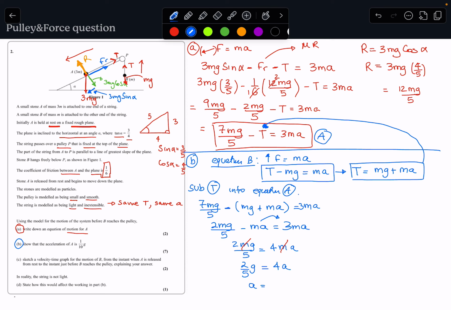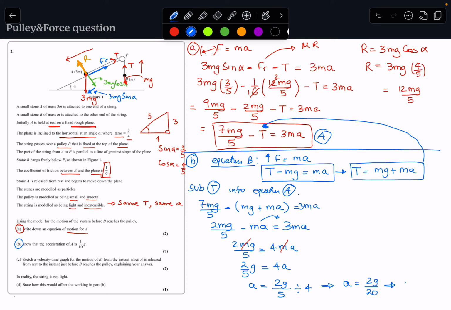So my a is calculated by taking the 4 to the other side. That gives me 2g over 5 divided by 4, and therefore 2 over 5 times g divided by 4 gives my acceleration as 2g over 20.